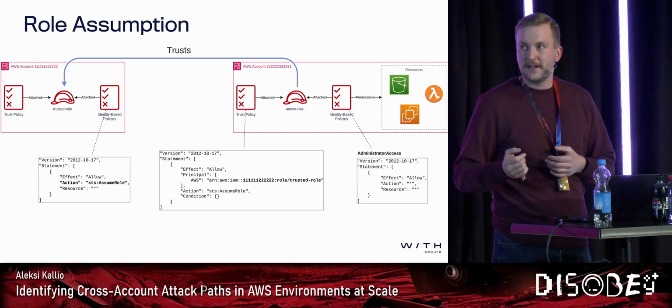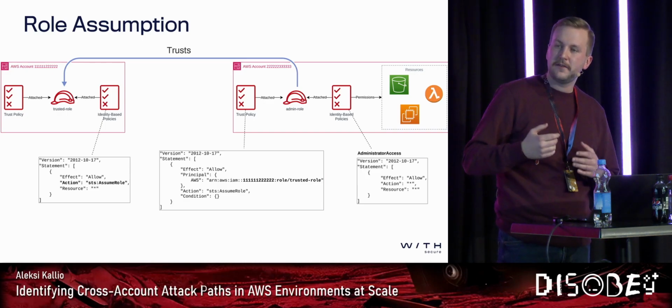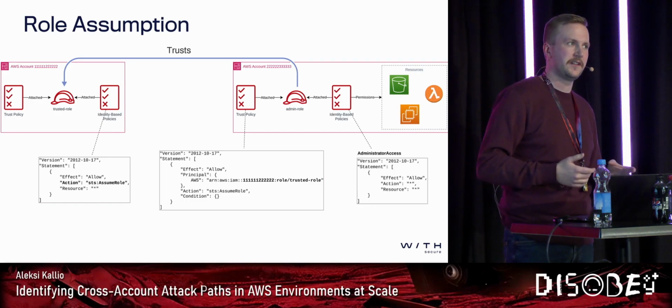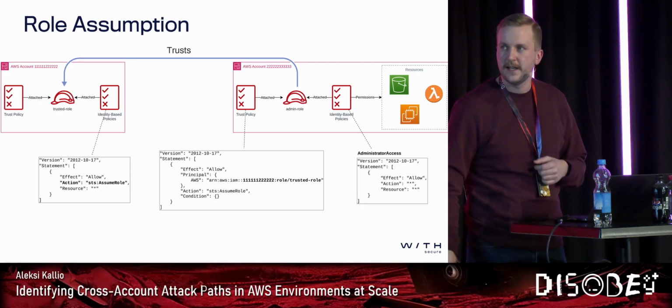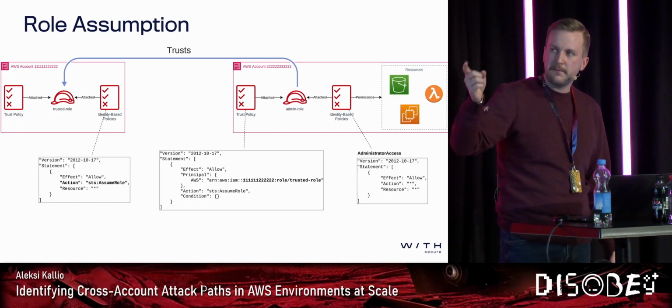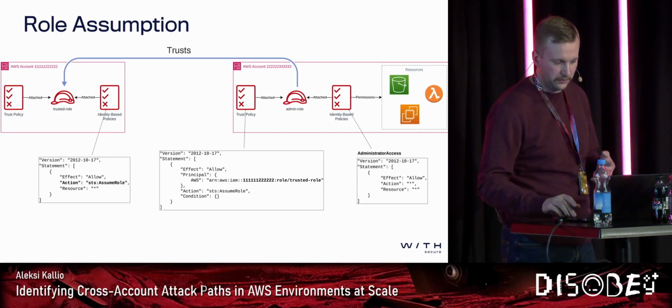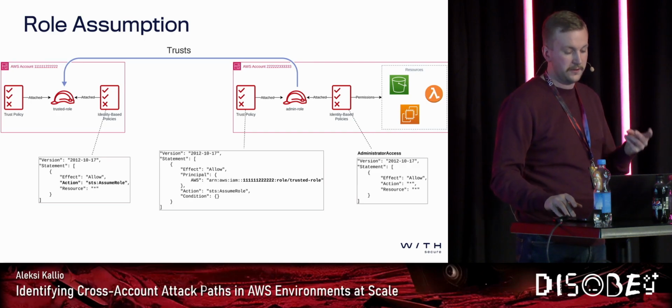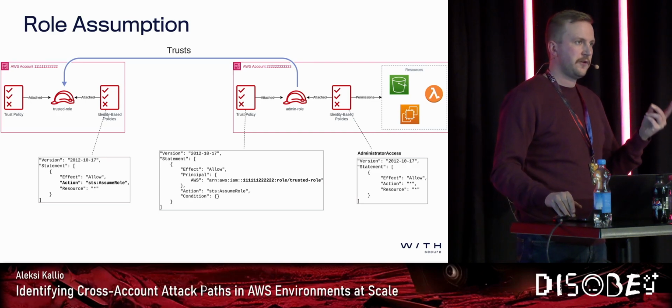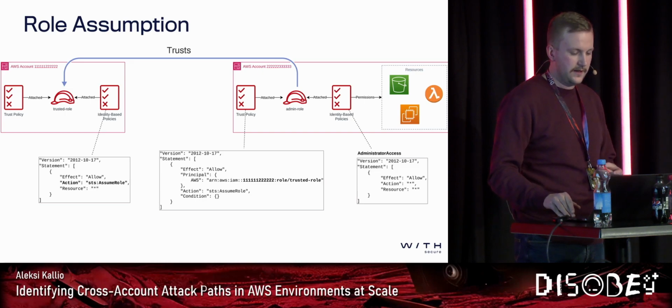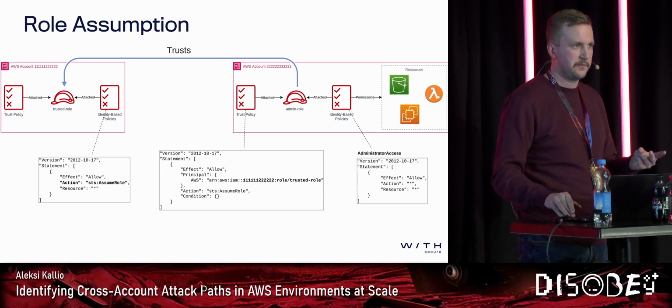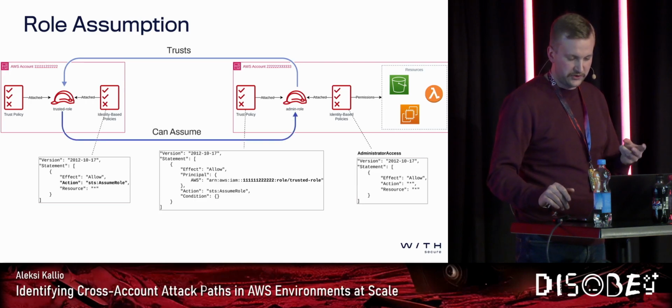But in order to do that, it needs to have permissions in its identity-based policies to actually assume the role. It has something like STS assume role, so then it can assume the role. If these two things are correct, so the identity is trusted by the role, and it has the necessary permissions to call this STS assume role API, then it can assume the role.